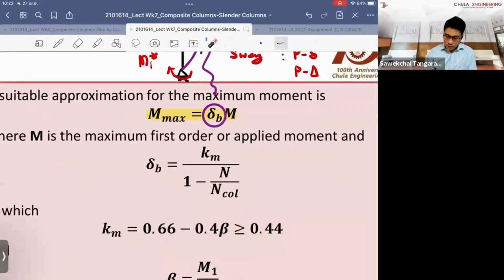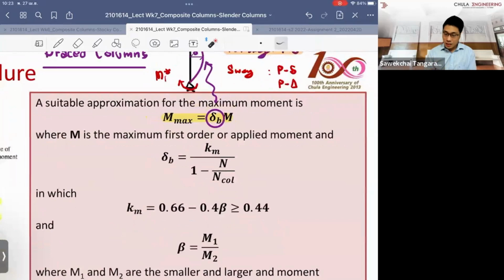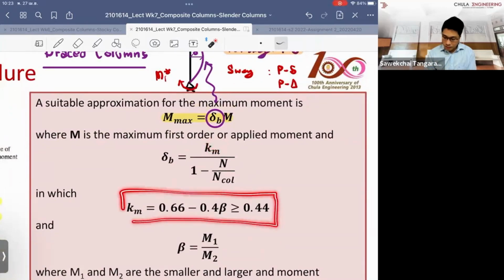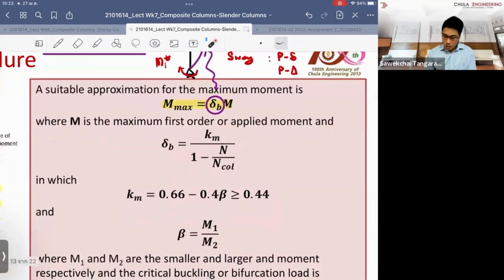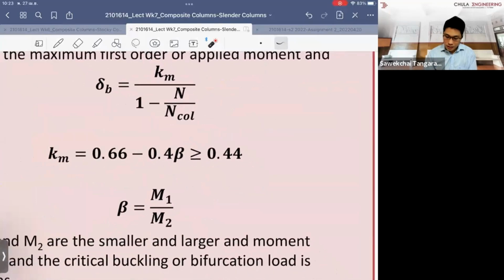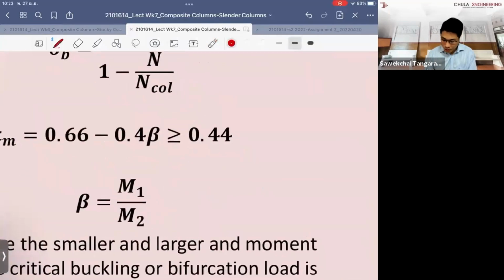Then the calculation of this is similar to what you did in the concrete design. So you have the km. The km formula has been told. The beta is the ratio of M1 over M2. And don't forget the sign of beta becomes negative when you have single curvature members. And the sign is positive when you have double curvature members.